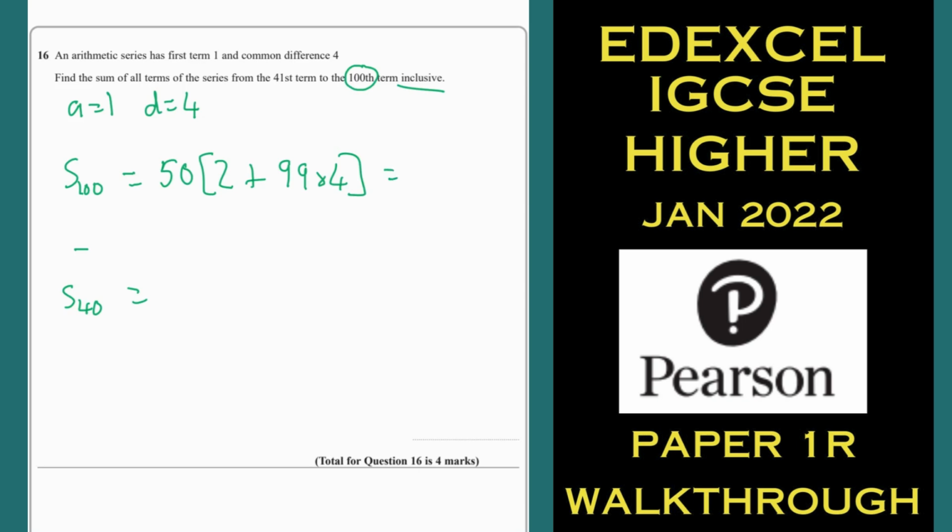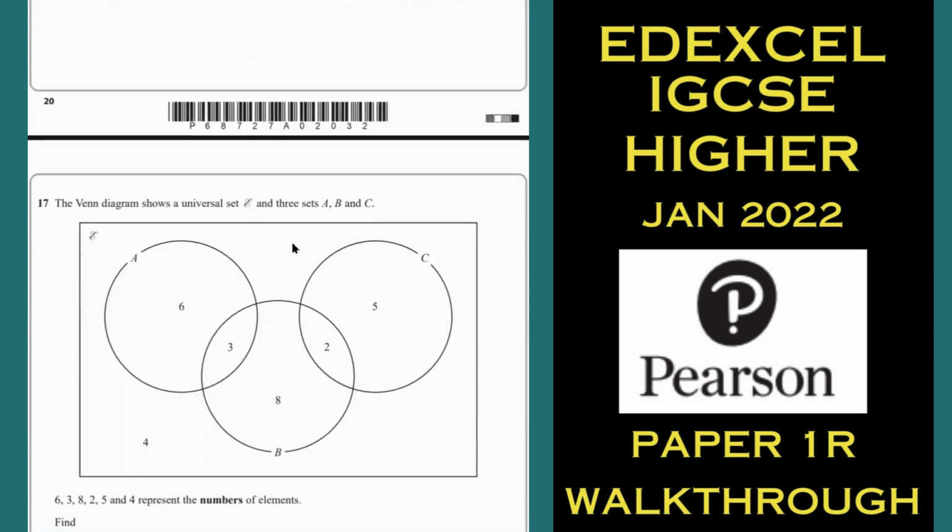In your calc, 19,900. Onto this, exactly the same process, but this time n is 40. So it's n over 2, 2 lots of a, plus 39 lots of 4. We get 3,160, and they are to be minused. 16,740. A nice question if you like your series, but don't fall into that little trap they've tried to set.